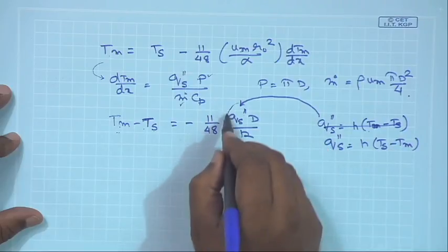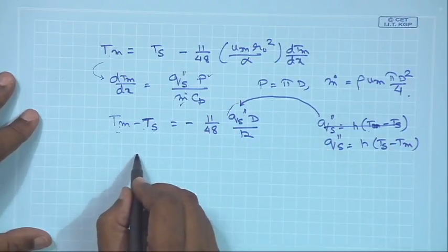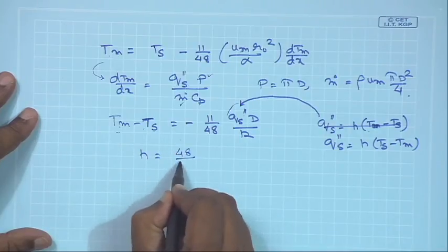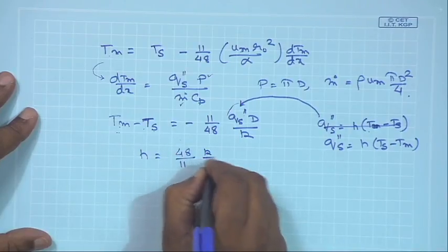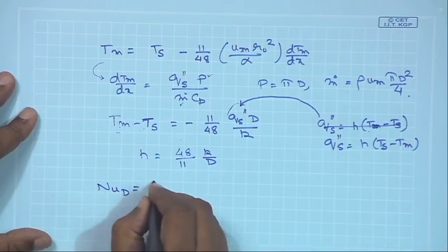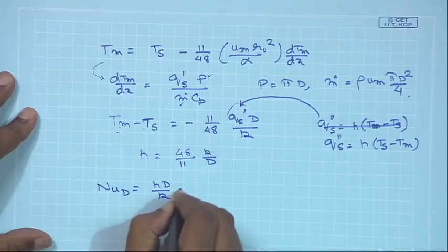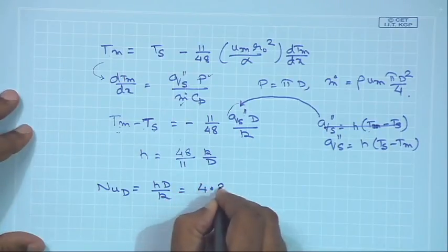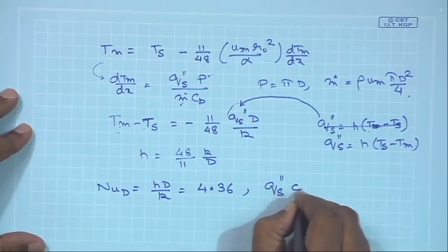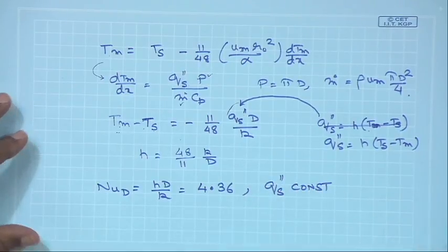So, when you put that in here, what you get is h to be equal to 48 by 11 k by d, and your Nusselt number based on diameter, which is h d by k, would be 4.36 for q s double prime to be a constant.